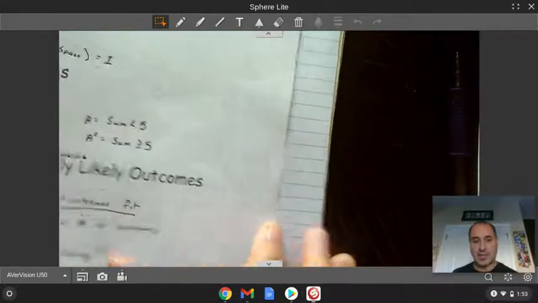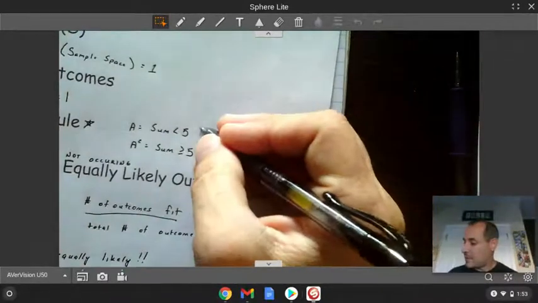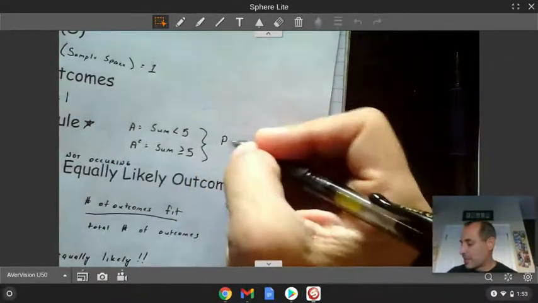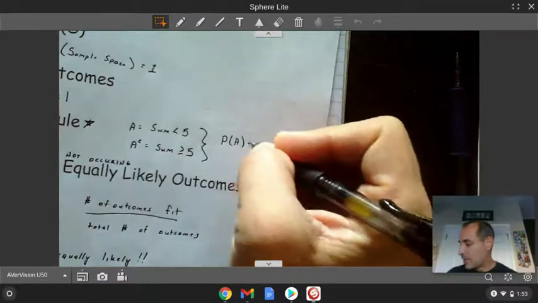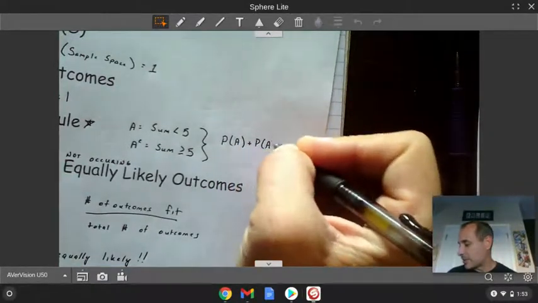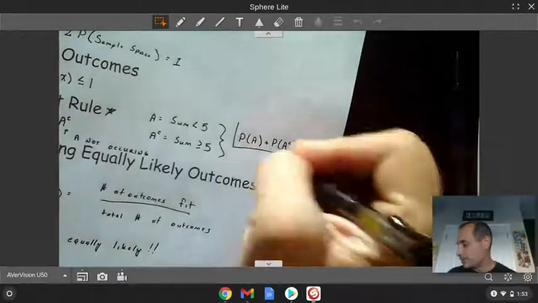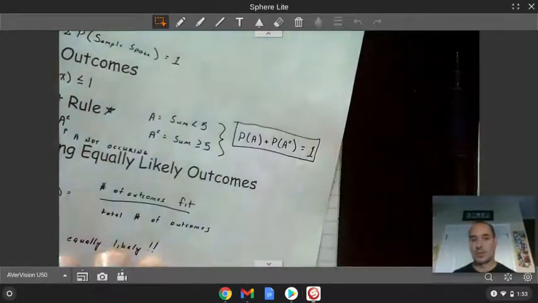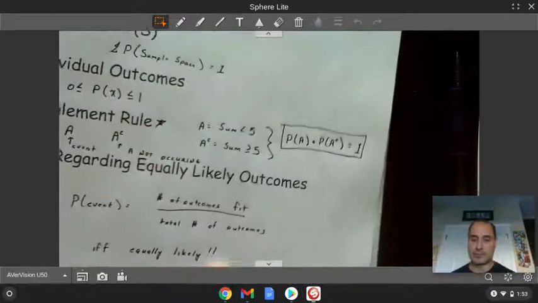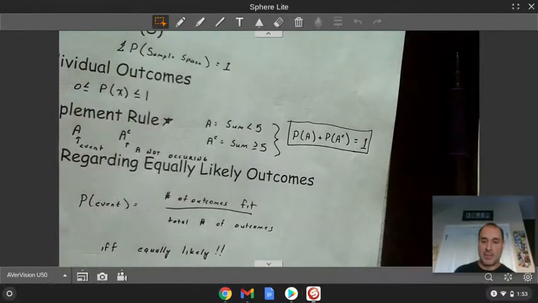The biggest idea is that if you have two complements, the probability of A plus the probability of its complement must always equal 1. Think about that for a second. The probability that A happens plus A not happening must equal 1. Because remember, the complement of A is everything else.